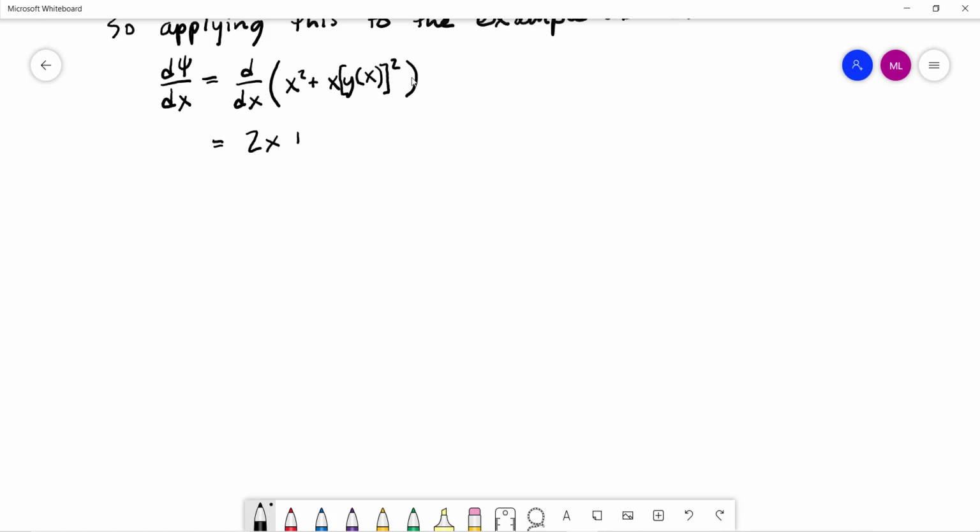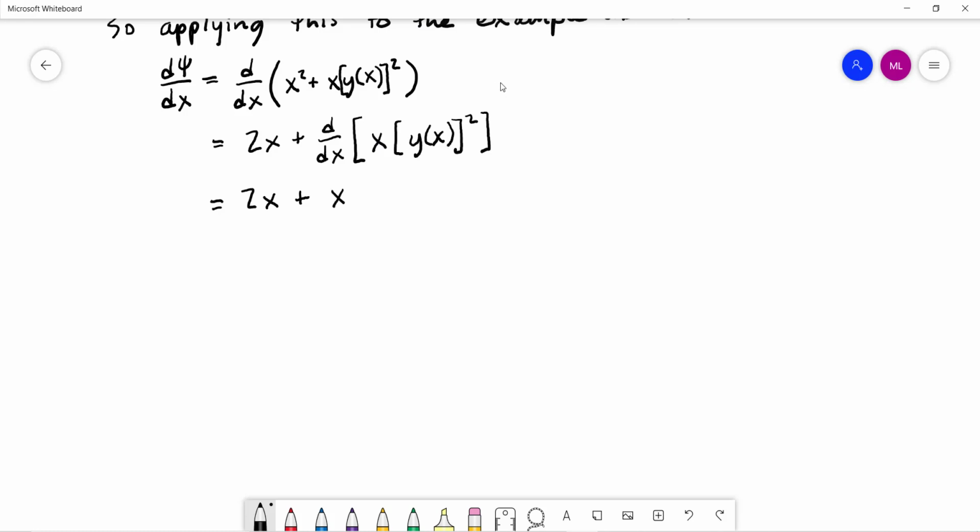So d dx of this whole big mess, x times our y of x squared term, means that I need to do the first times the derivative of the second plus the second times the derivative of the first. Let me just copy what we've already got. I've already got that piece. What is the derivative here of this piece? So first times the derivative of the second.